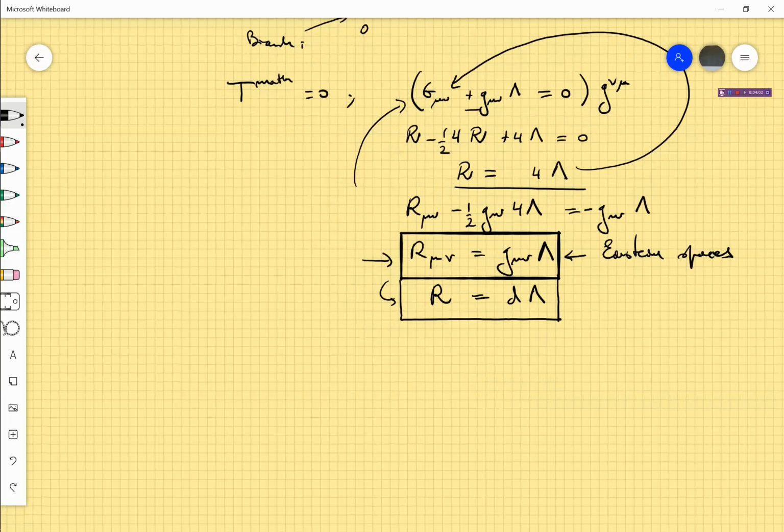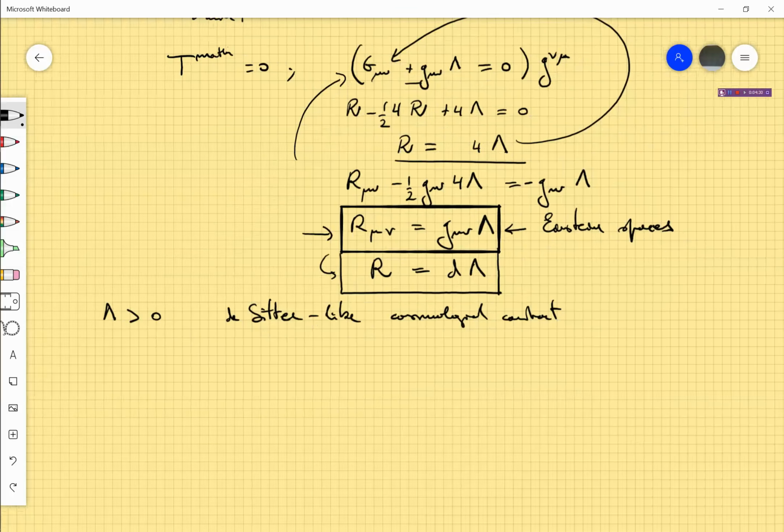The last thing to mention about the cosmological constant is that, of course, it is a constant. The value is important, but something perhaps even more important is the sign. There are two possible signs. One is lambda larger than 0, at least in these conventions. This is called a de Sitter-like cosmological constant. Why?